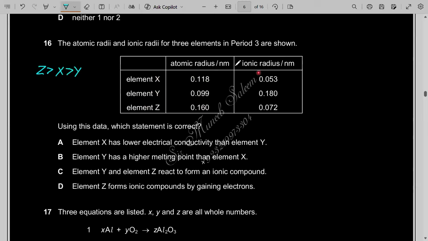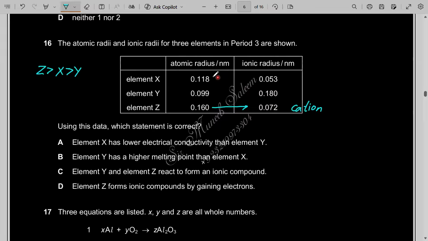And if you look at the ionic radius, it can tell you which element will be a metal and which will be a non-metal. Because we remember that a metal loses its valence shell to convert into the cation. So element Z changes from 0.160 to 0.072, which means it is forming the cation by losing the valence shell.